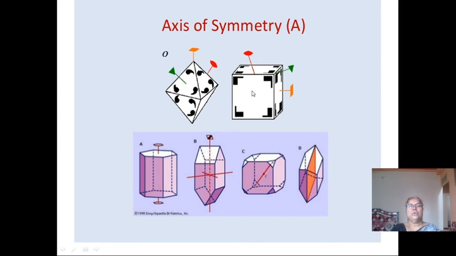So it has a one-fold axis. Suppose this is a hexagon, and this plane we can see after 360 degree rotation 6 times. So it has a 6-fold axis. Four-fold axis and three-fold axis we may also have.